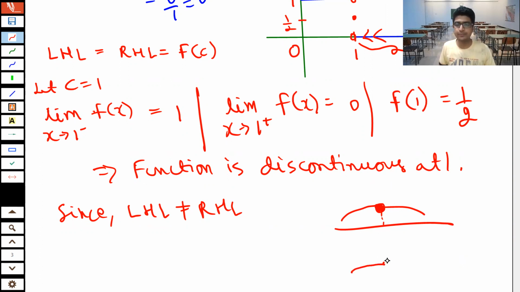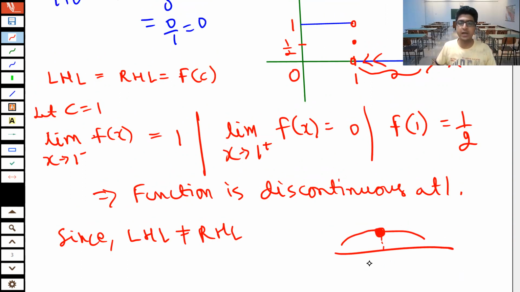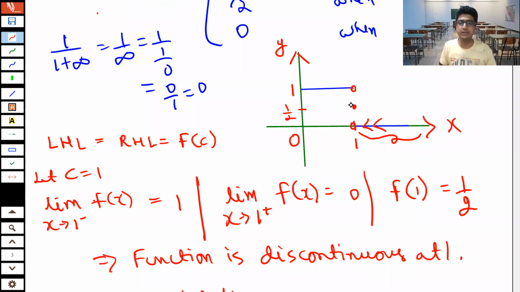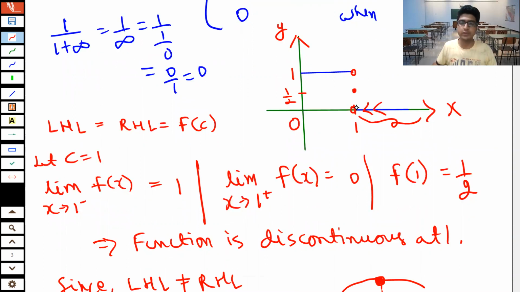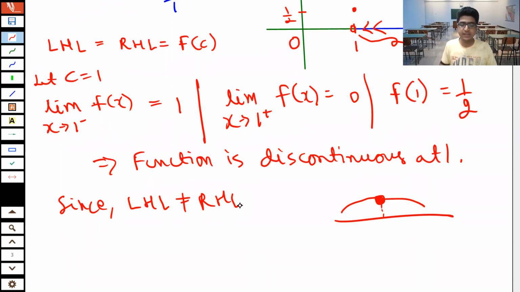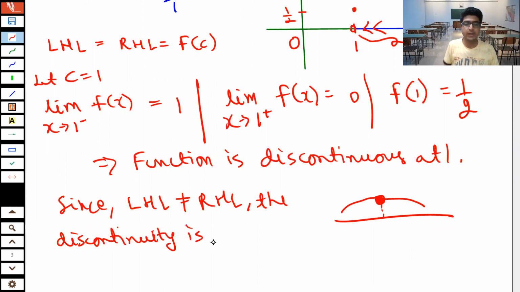But if LHL and RHL are unequal, like in this case, then I cannot redefine this function to make it continuous. So since LHL is not equal to RHL, the discontinuity is irremovable.